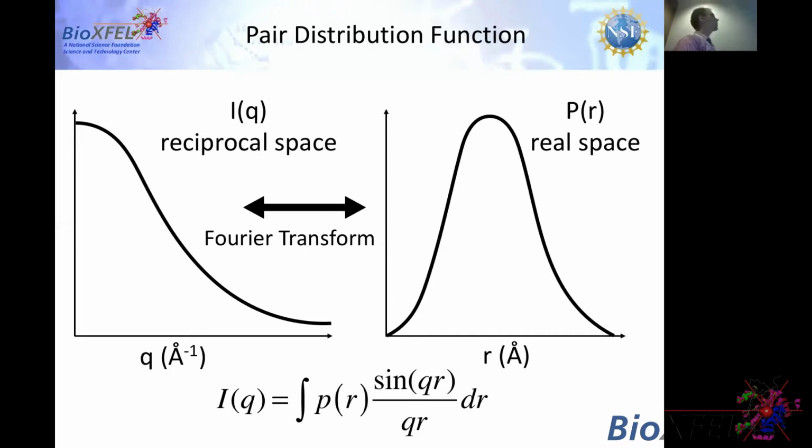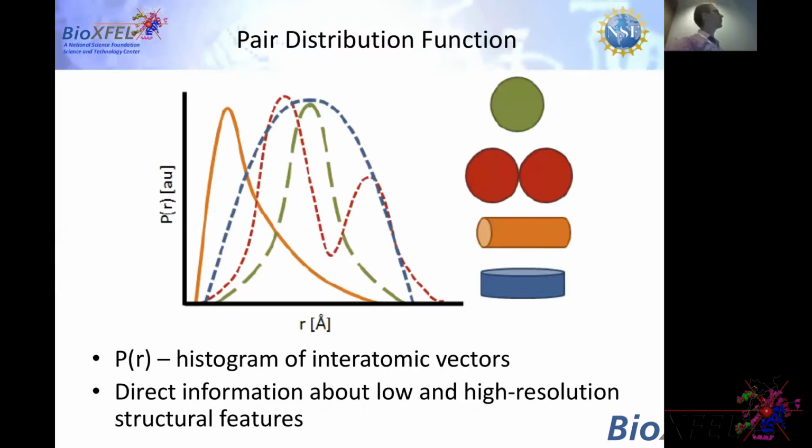And so when you do the Fourier transform of that intensity profile, what you end up with is what's called the pair distribution function. This is essentially a histogram of all the interatomic pair distances in your structure. So it tells you information about the shape of your structure just by looking at the Fourier transform of that intensity profile. And this is an example of a few different shapes that you can see, just gross representations.